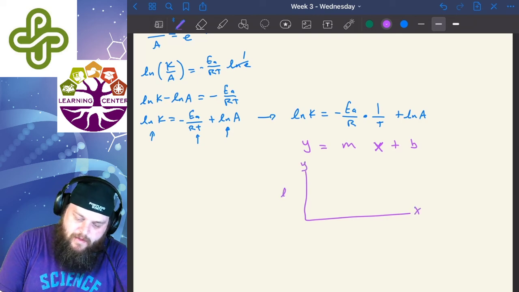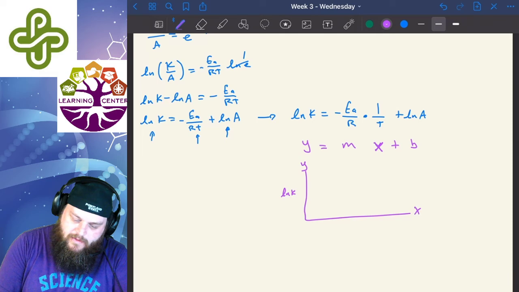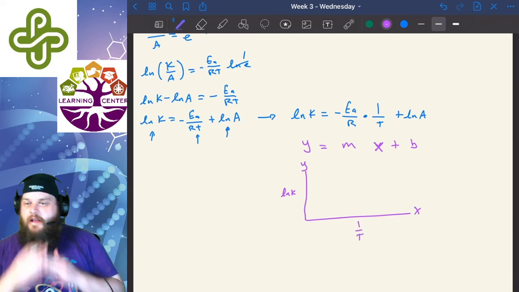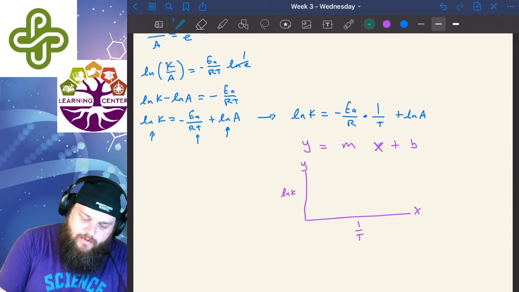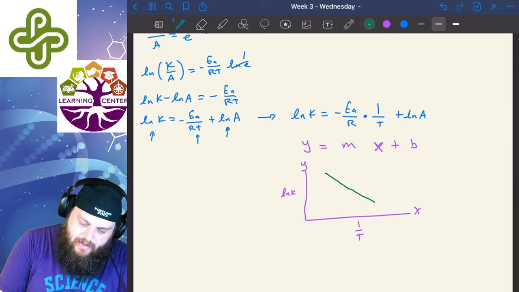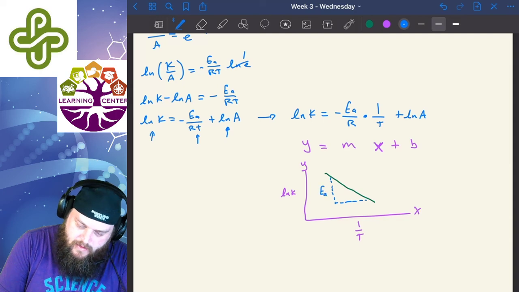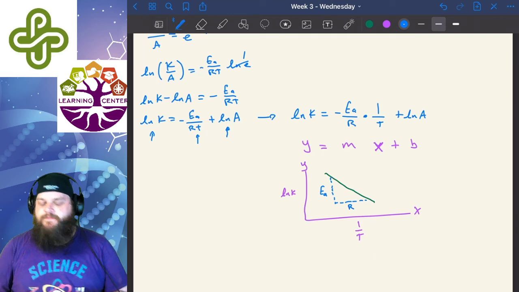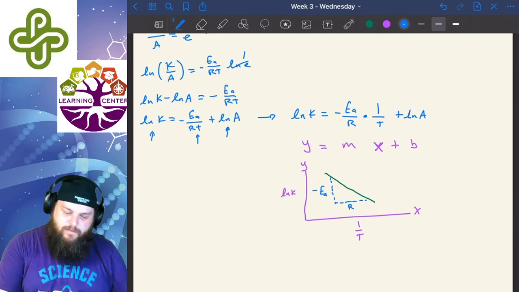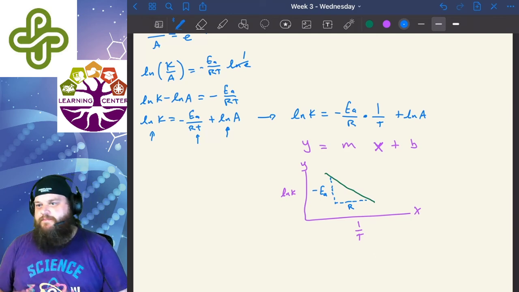So this would be the natural log of k, and this would be 1 over T. And we should get a nice linear slope for it. So I'm going to draw kind of a slope somewhat like this. And that slope is going to have a rise over run. Well, the rise is the Ea, and the run is R. Right? And it's a downward slope, so it's negative.